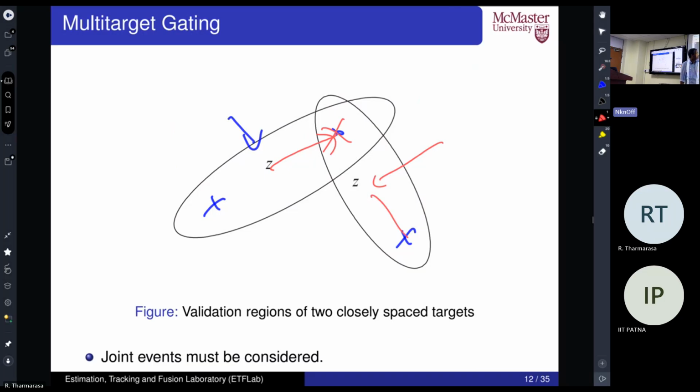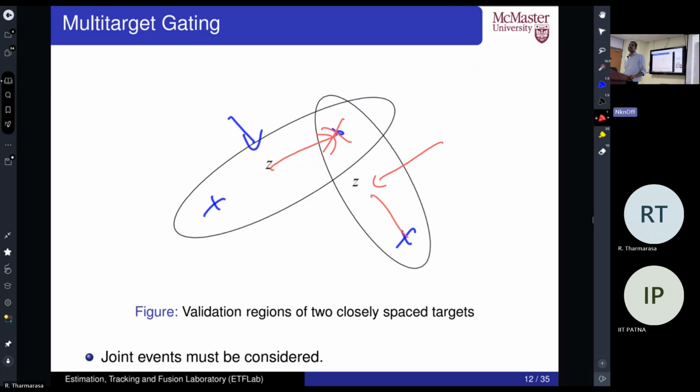The optimal solution may be going this way. But since you pick this as the first target and you don't care about the other target, this is the nearest, closest. You take it and remove it from the possibilities for the next target, then you can associate with this. That's a simple approximation approach.